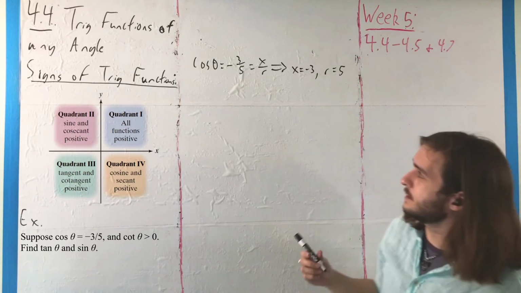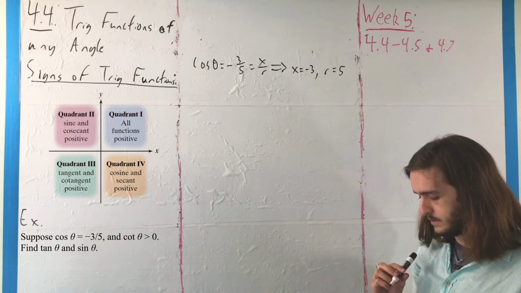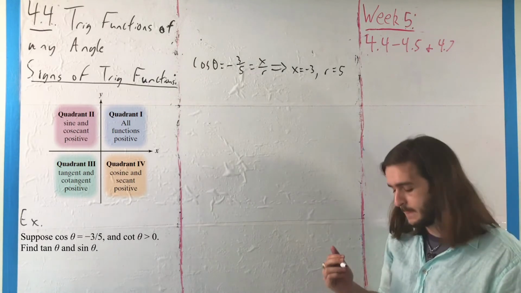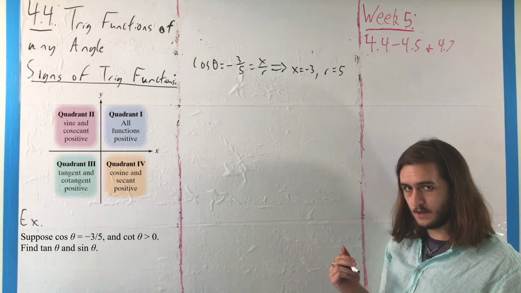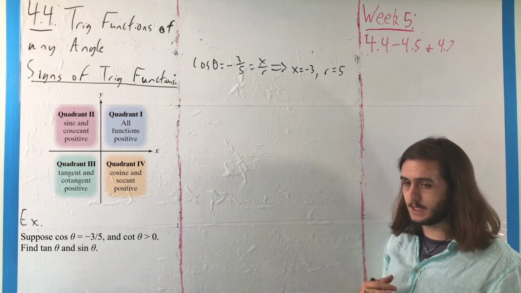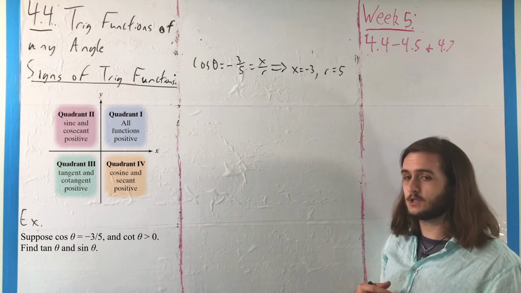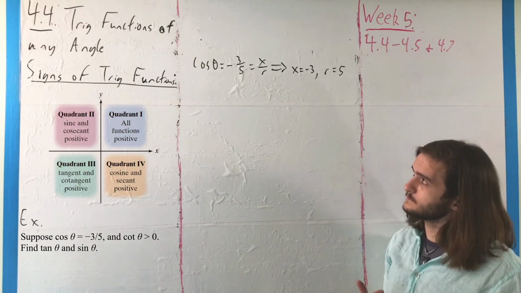And because we have that cosine is negative, and cotangent is positive, that means we have to land in that third quadrant where tangent and cotangent are the only positive functions.